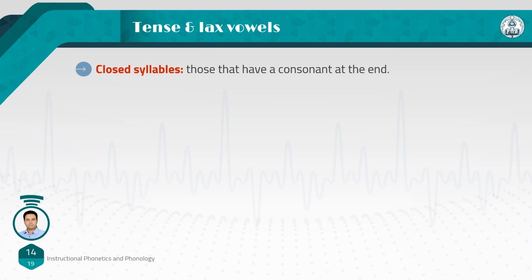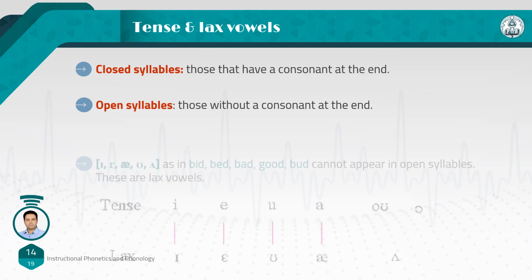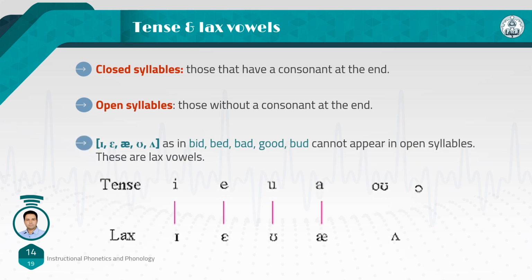Closed syllables are those that have a consonant at the end, and as I said previously, open syllables are those without a consonant at the end. Therefore, the vowels in bid, bed, bad, good, but, cannot appear in open syllables. These are called lax vowels.